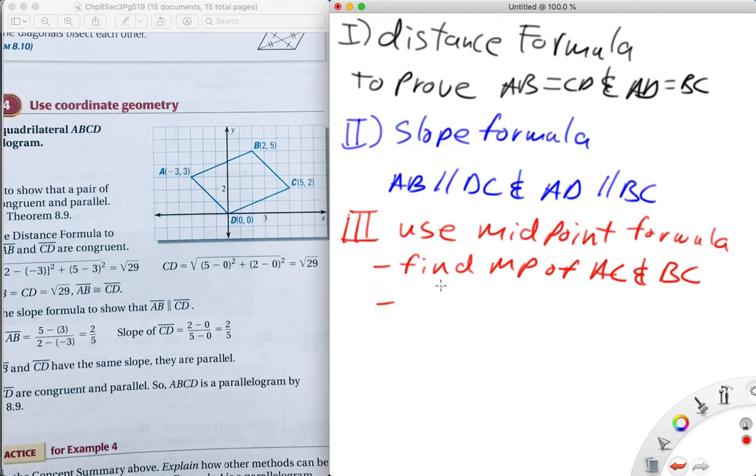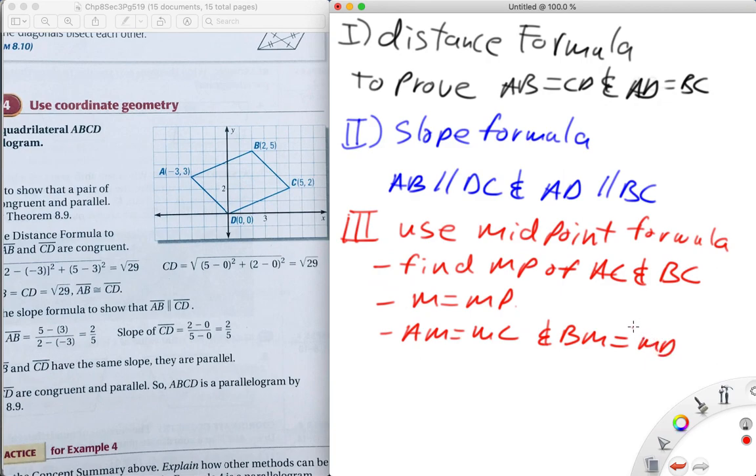After you do that, you can prove, with M equals the midpoint, that AM is equal to MC, and BM is equal to MD.